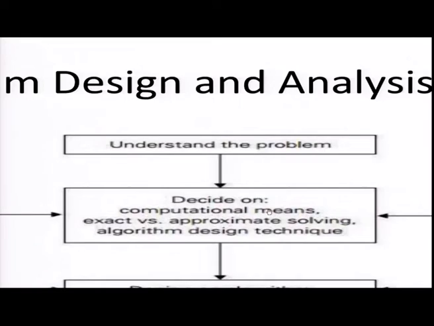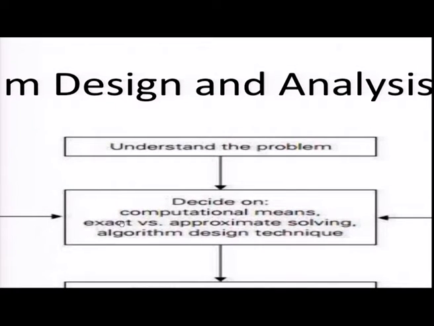So, when you understand the problem, you then decide on the computational means. What do you mean by computational means? How you are going to do the computations. After deciding the computational means, we will be deciding on exact versus approximate algorithmic problem solving.